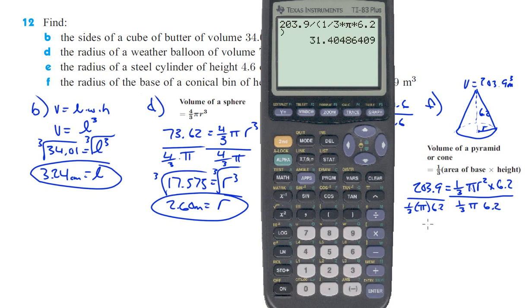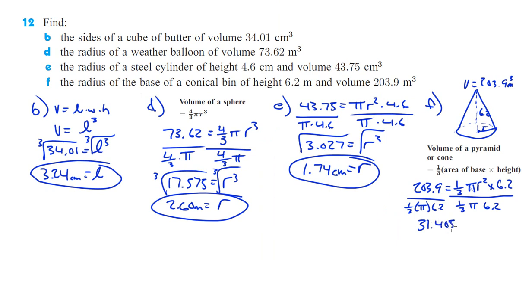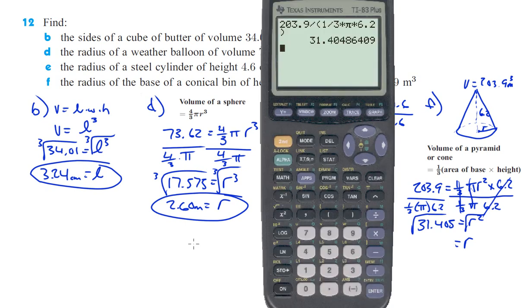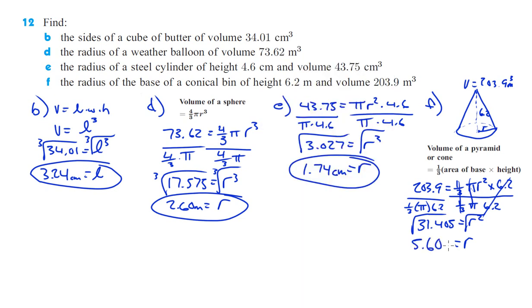We get 31.405 equals our r squared, right? Because those are gone, and those are gone. So then we just square root to get our answer. We square root our answer, and we get 5.604. So 5.60, and this is meters. That should be our radius. Okay, that's all there is for 11F.